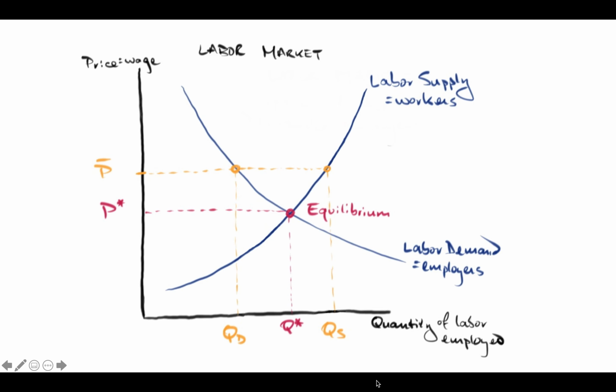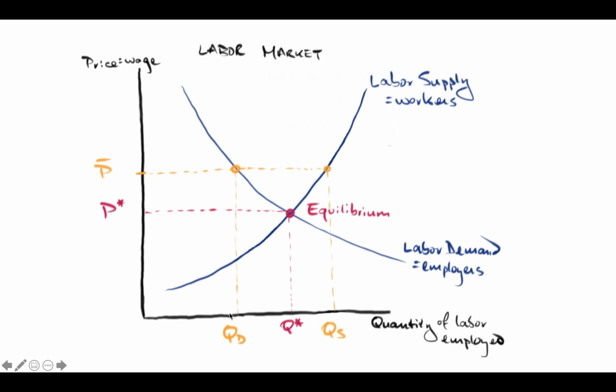Okay, and that's going to be QS, quantity supplied, comes off of the labor supply curve. The labor demand curve tells us the number of workers that employers would want to hire at a wage of P bar. So I've labeled that as QD.